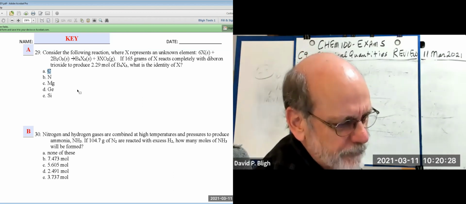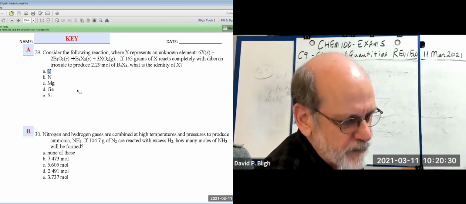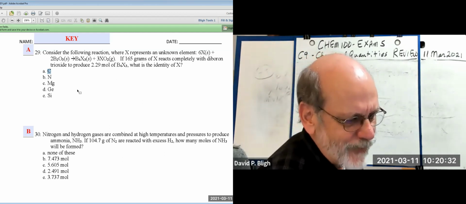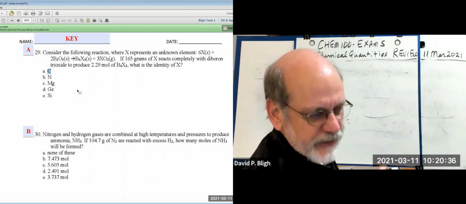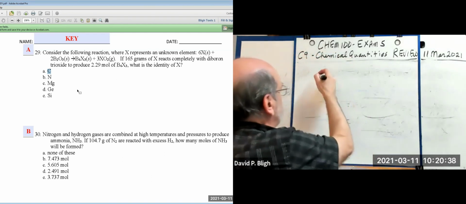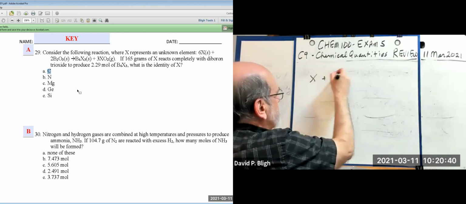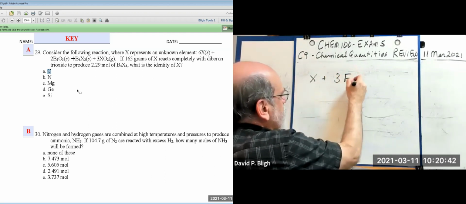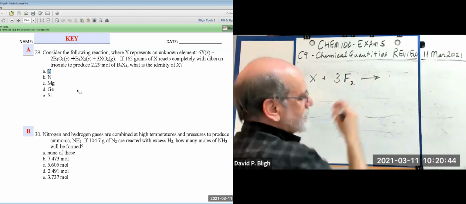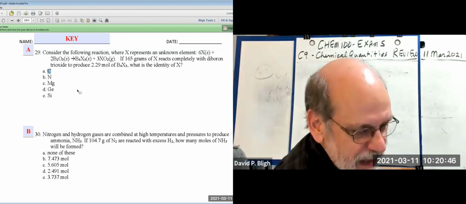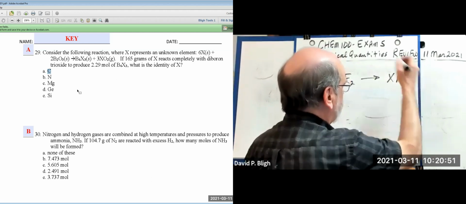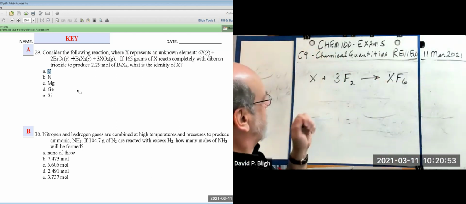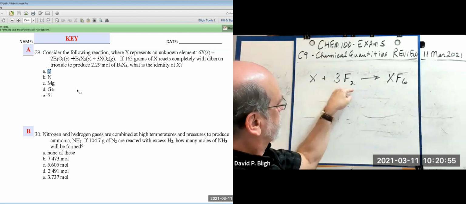So, we have this reaction. X is reacted with 3 moles of fluorine and gives us this compound. Okay, let's see, is that balanced? 1 X, 6 fluorines.